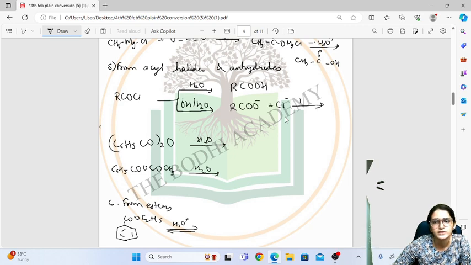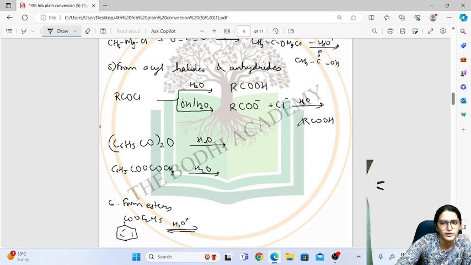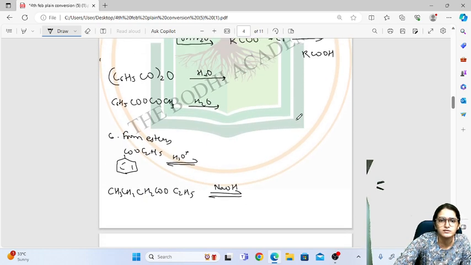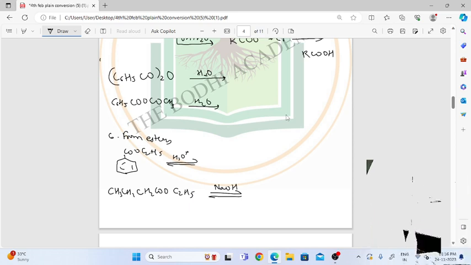Then further treating with water we will get RCOOH. So here we are not getting the compound directly, but on further treating we are getting the compound.